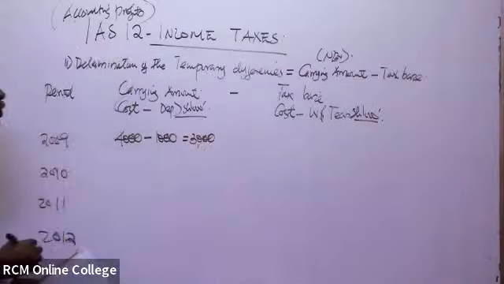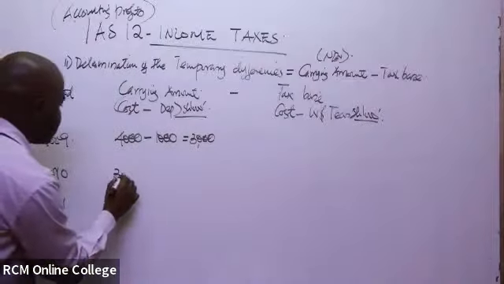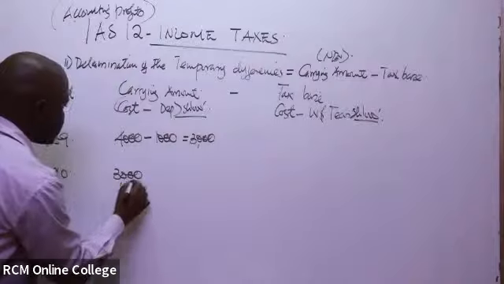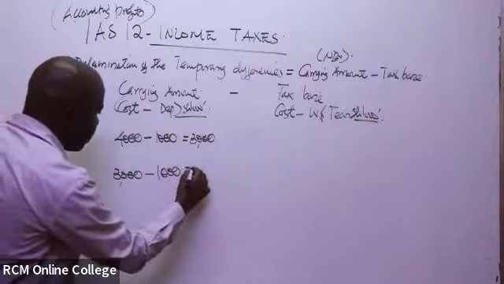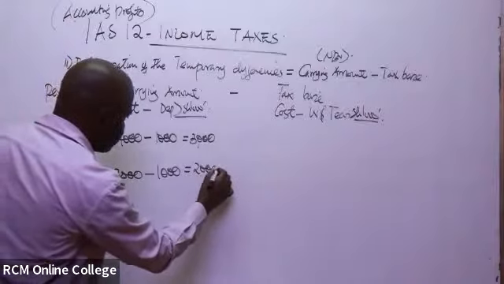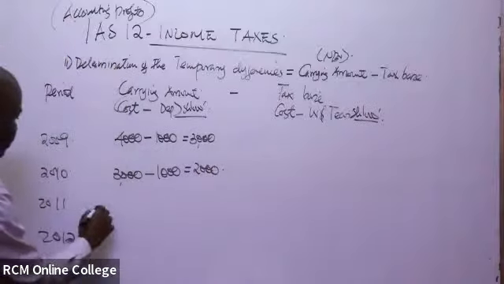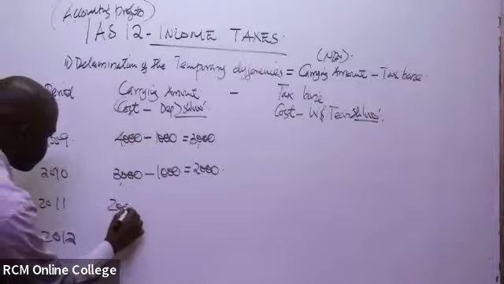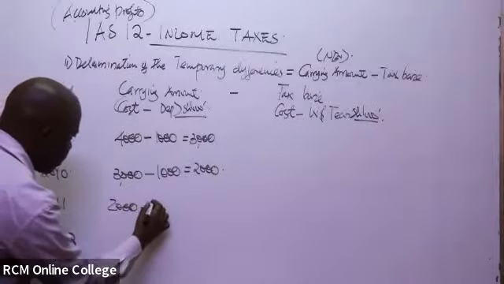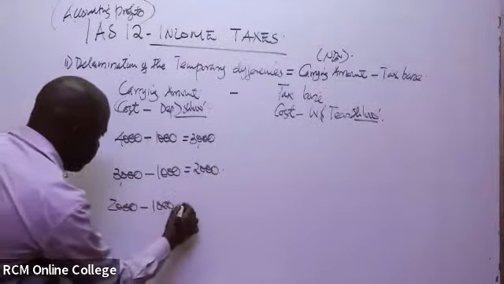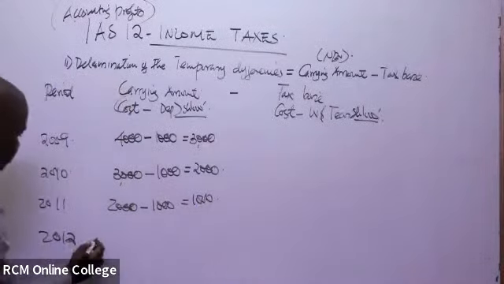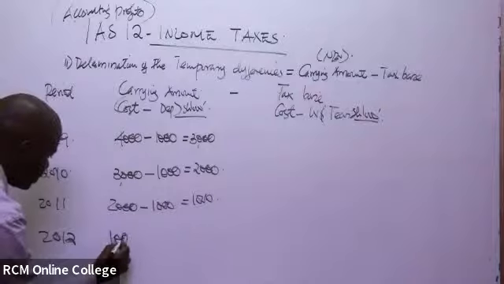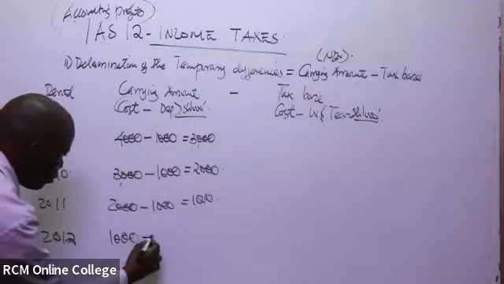So that means 2010 we opened with how much? We opened with 3 million, but less, because it was straight line, so 2 million remained here. Then 2011 we opened with 2 million, removed 1 million, and remained with 1 million by the end of the year 2011. Then 2012 was the last year.